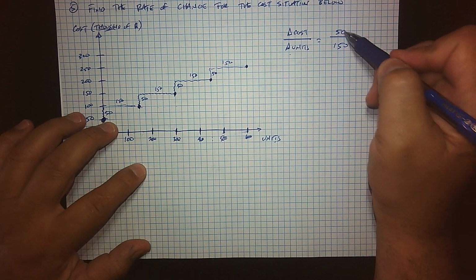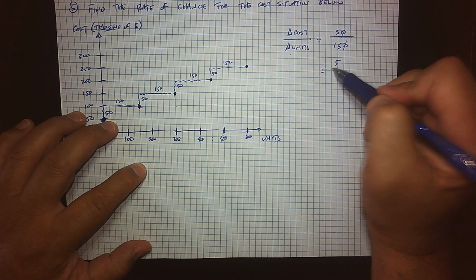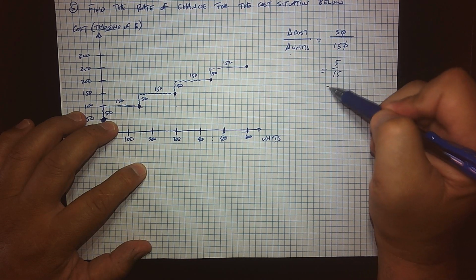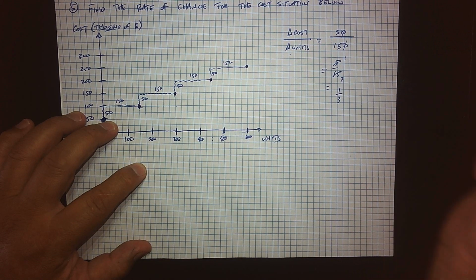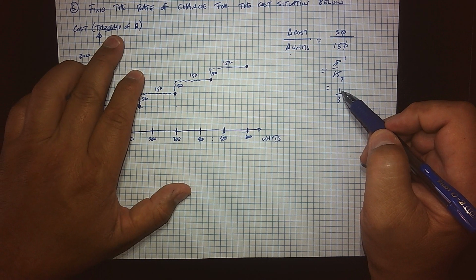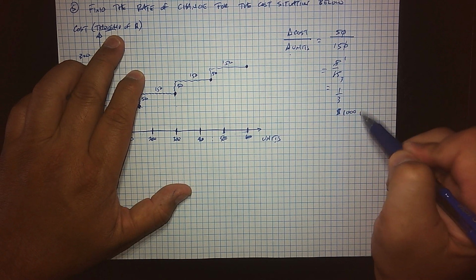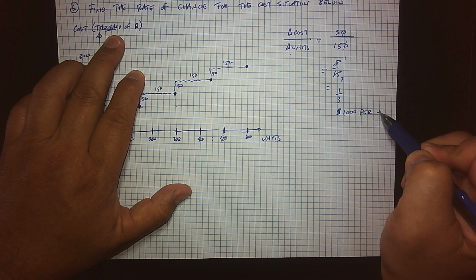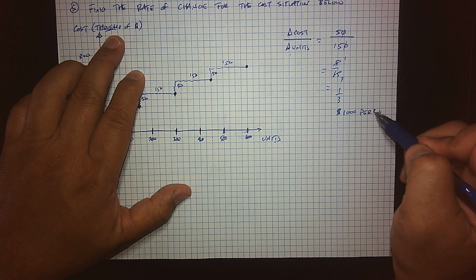So we have some zeros canceling out, and we have 5 over 15, and of course that reduces: 5 goes into itself once, and into 15 three times, so we're left with 1/3. 1/3 what? Remember, the top is measured in thousands of dollars. So it looks like we have $1,000 per 3 units.